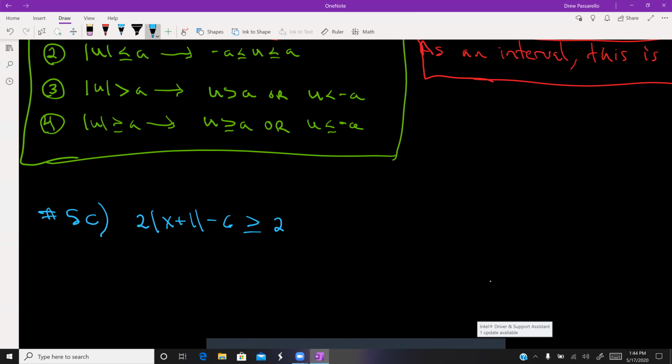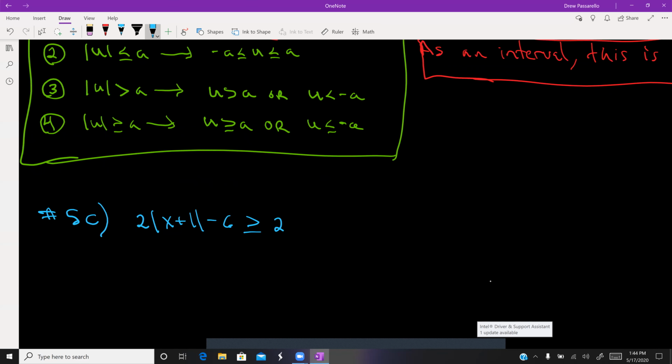Then if I want to get absolute value of x plus 1 by itself, I'm going to divide by 2. So now I have absolute value of x plus 1 greater than or equal to 4.